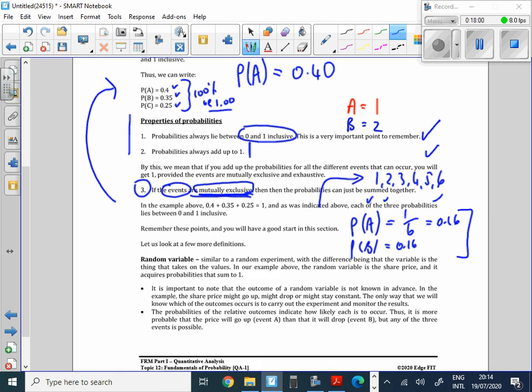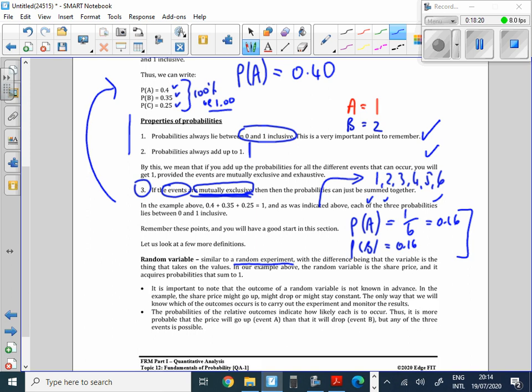We spoke a little bit earlier, guys, about random variables. A random variable is very similar to a random experiment. With a random experiment we spoke about before, I don't know the outcome of the experiment beforehand.